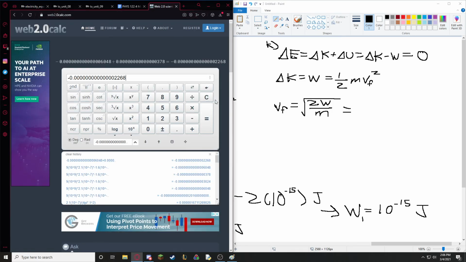And we get a value of, let's see, 3.3 times 2, which is 6.6, times 10 to the minus 15, divided by the mass of our electron. What is the mass of our electron? I have 9.1 times 10 to the minus 31.